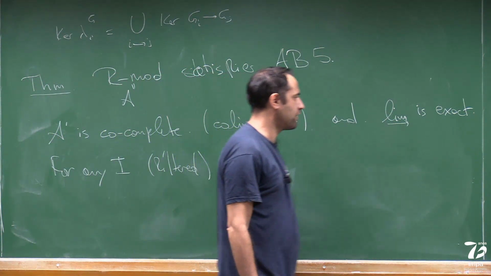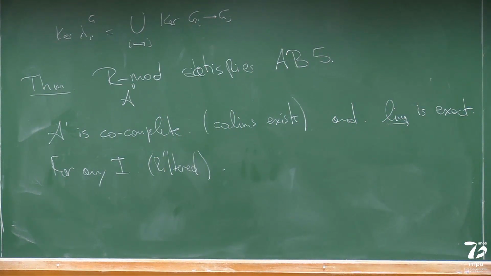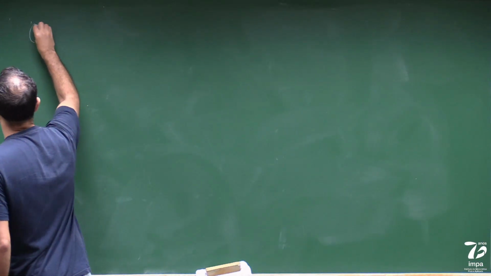So what's the beauty of exact functors between abelian categories? This is a trivial observation, but it's an important one. Observation.